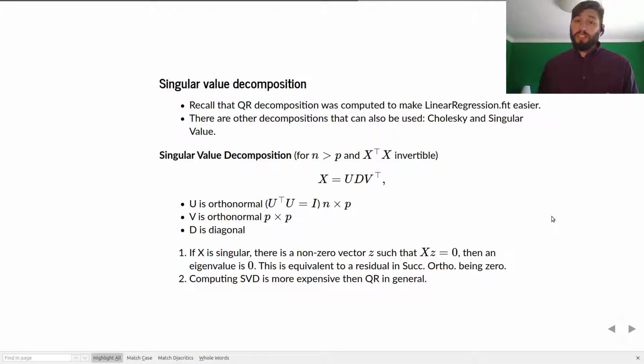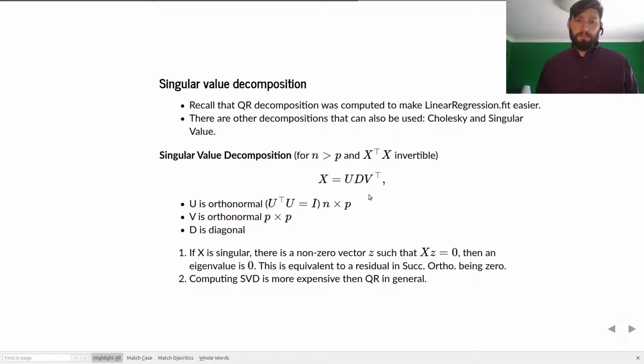That's equivalent to one of the residuals in the successive orthogonalization being 0, because eventually our Z's span the entire column space of X, the entire p-dimensional space. Otherwise the column space would have a smaller dimension than p.